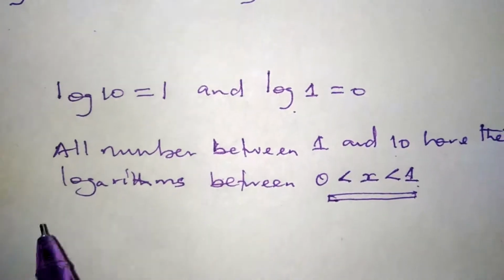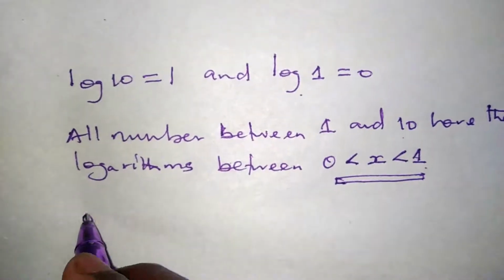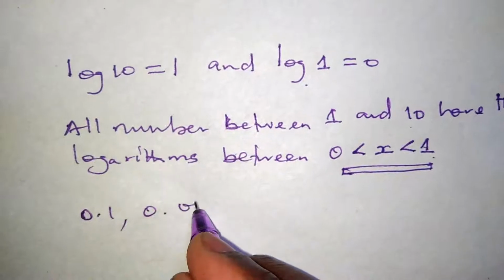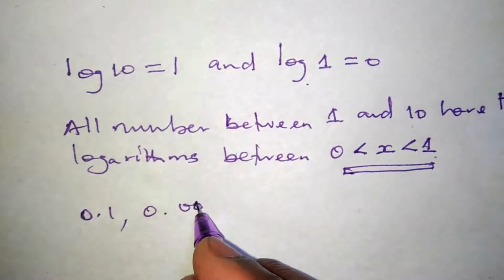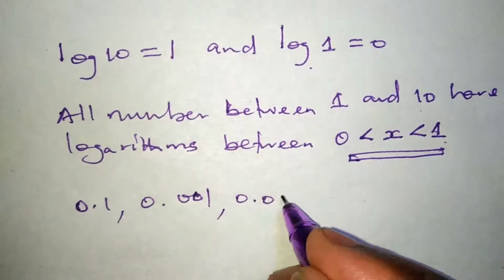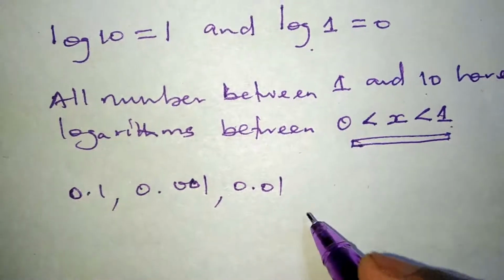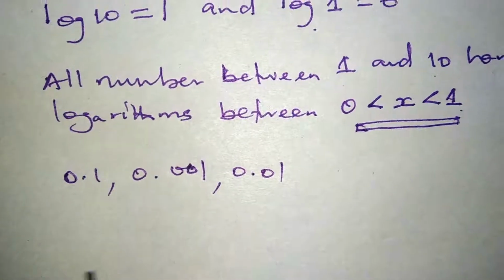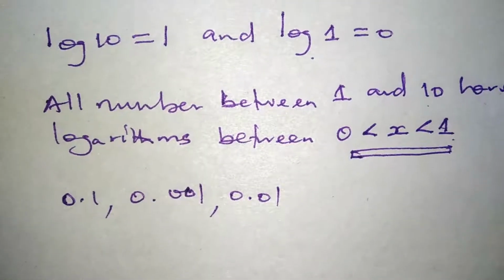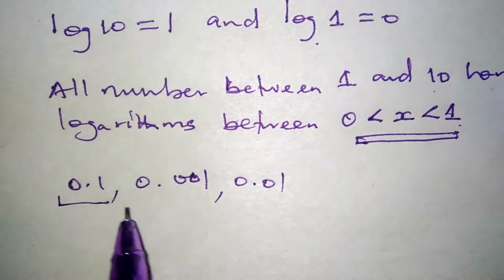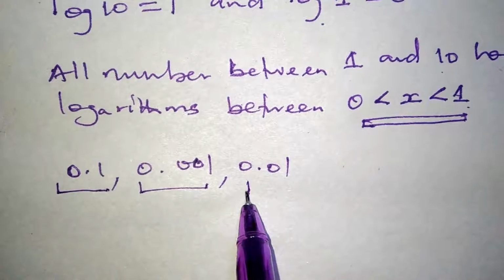Now thinking about the numbers that I gave up here, 0.1, 0.01, 0.001, and etc. To express these numbers such that we have numbers between 1 and 10, we need to first of all write them in standard form.